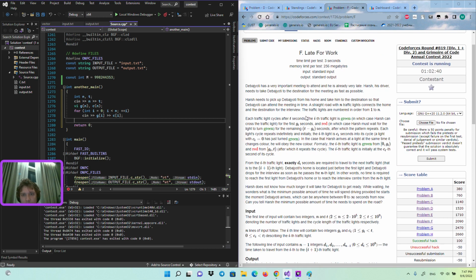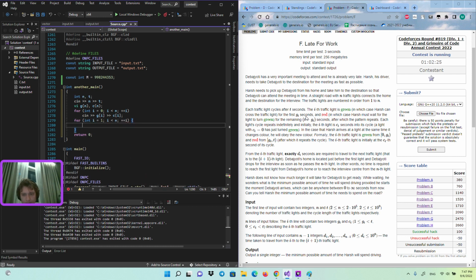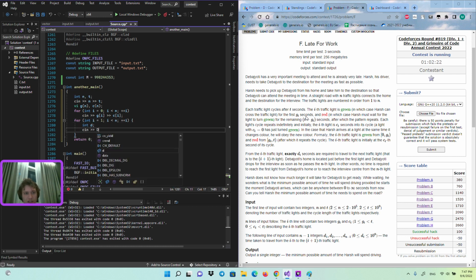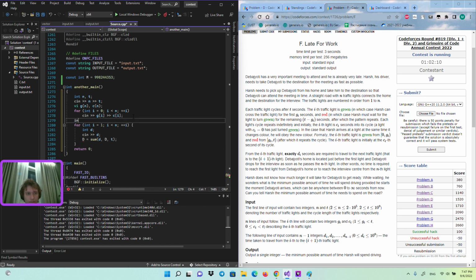Green light, red light. So we read D, add it to D. And after that, we say that actually G and C should be reduced.